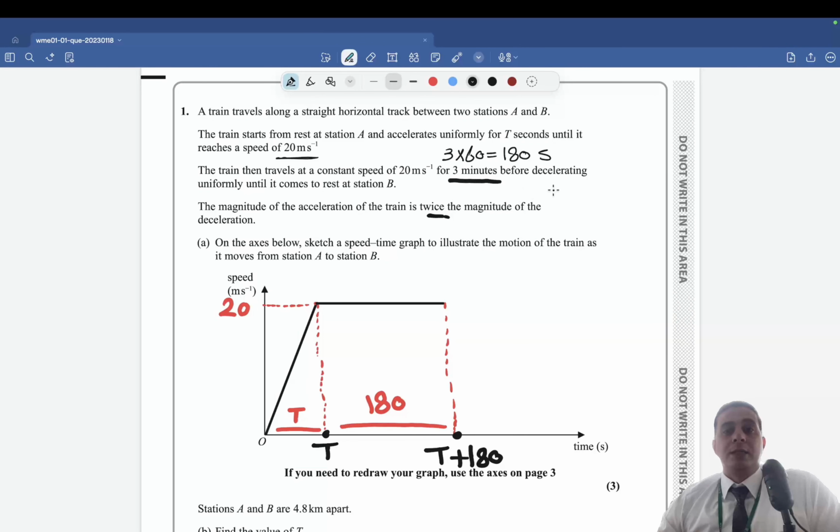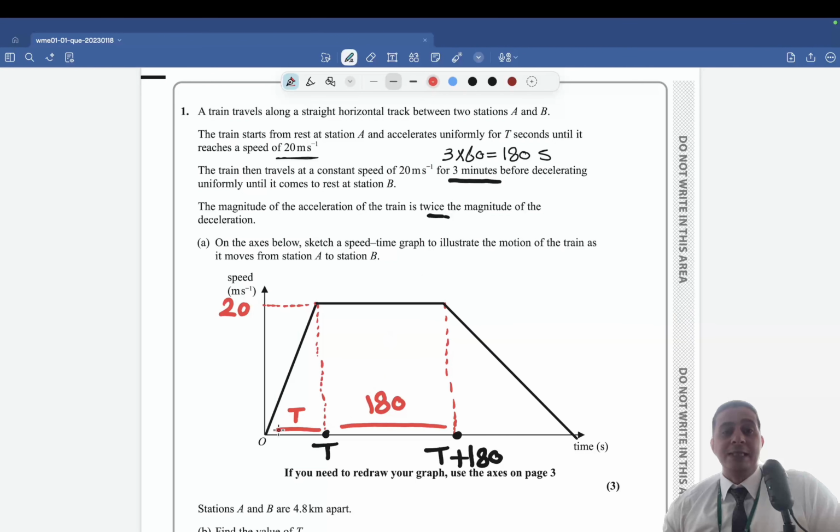The train then decelerates uniformly until it comes to rest at station B, so it will go from 20 back to 0. But the question says the magnitude of the acceleration is twice the magnitude of the deceleration, which means the gradient for the first line should be twice the gradient for this line. So this one will be steeper than this one, and I will draw a line here that is less steep.